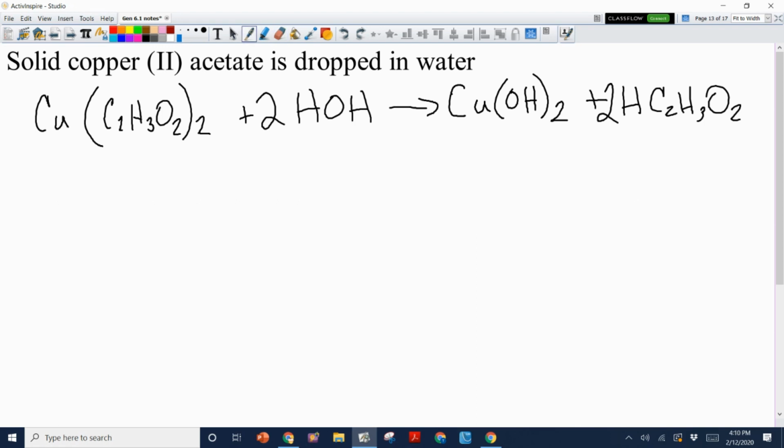All right. So copper 2 ion plus 2 acetate ions plus, okay, HOH. All right, so this is water.